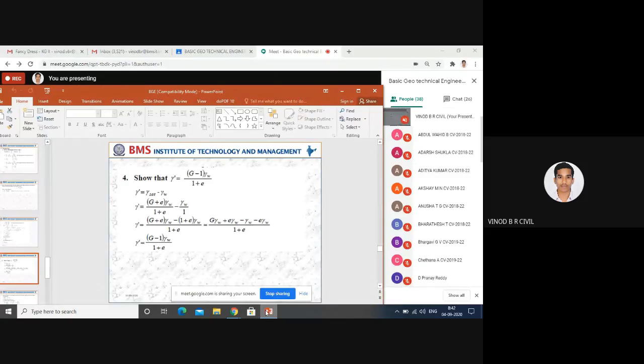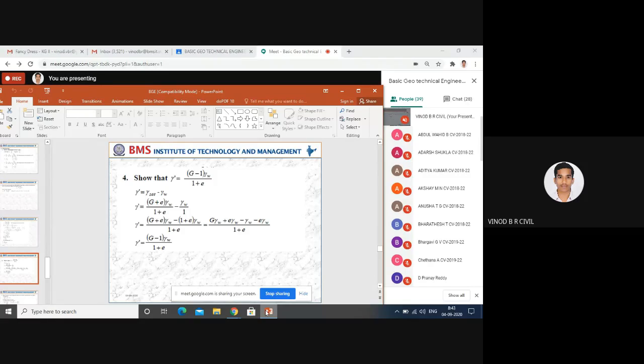The same expression we are using here: gamma saturation, G plus e into gamma W divided by 1 plus e, minus the constant unit weight of water, gamma W. Gamma dash is equal to G plus e into gamma W. We take 1 plus e as a common factor, so the upper term is G plus e into gamma W minus 1 plus e into gamma W, which is equal to G into gamma W plus e into gamma W minus gamma W minus e into gamma W, divided by 1 plus e.